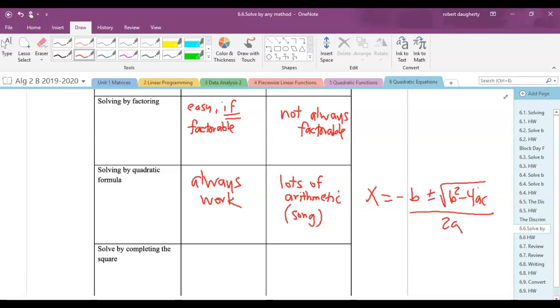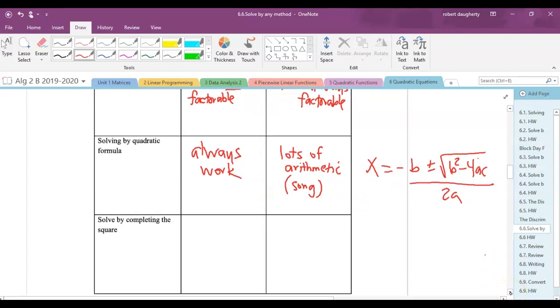And then completing the square: it always works. Sometimes it can get complicated, especially with fractions.